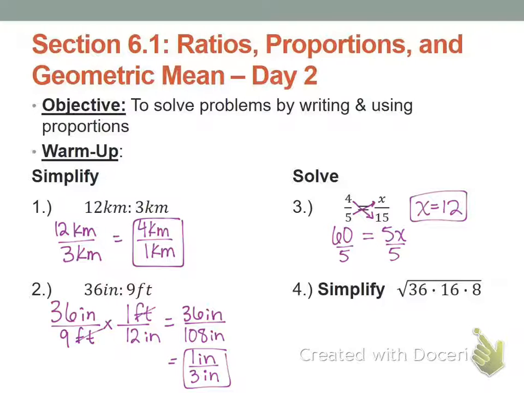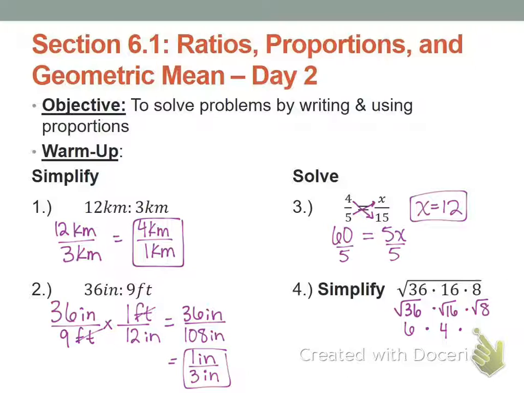So we can start off by thinking about these as individual square roots that get multiplied together. The first 2 are perfect square numbers, so we can take their square roots pretty easily. Square root of 36 is 6, square root of 16 is 4. And like Ari was saying, the square root of 8 isn't a perfect square number, but it can simplify.